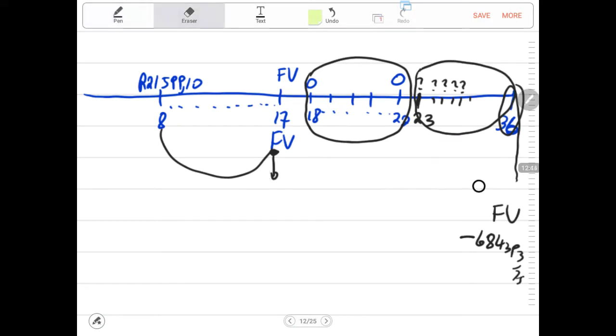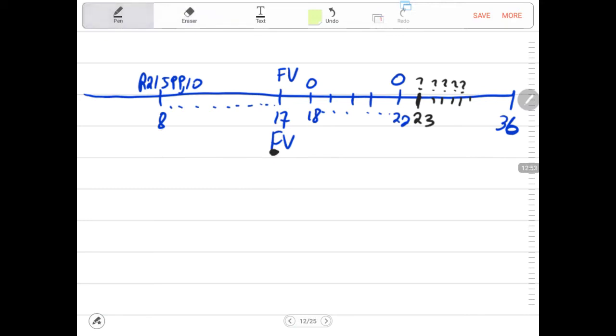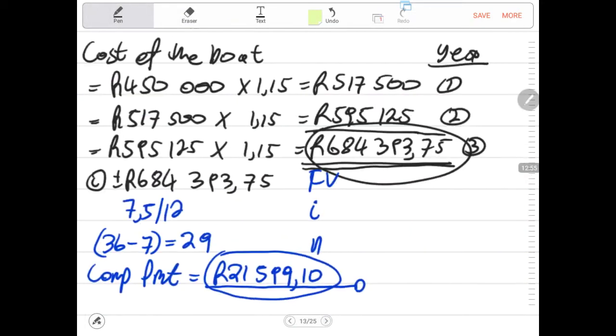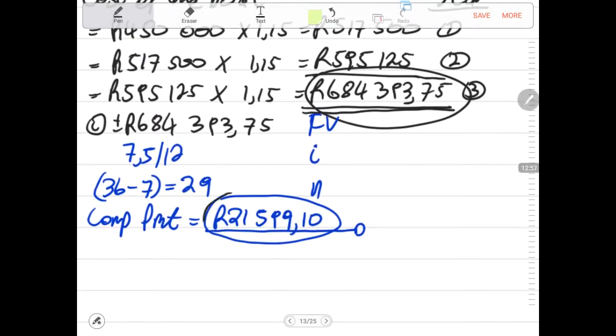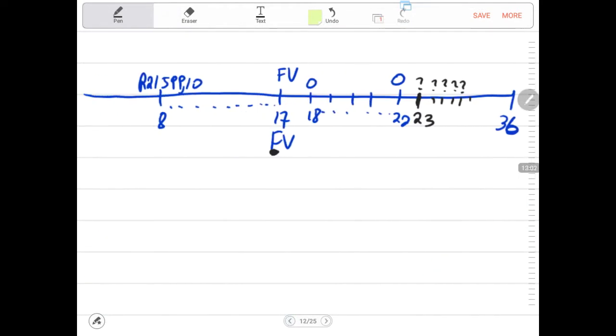Now let me use this same page where I have shown my explanation. Then we say our PMT. Remember, PMT we calculated to be 21,599 rand 10 cents. So now we're calculating the future value of the payments, meaning the future value at the end of month 17, because 17 payments were made but the 18th payment was missed.